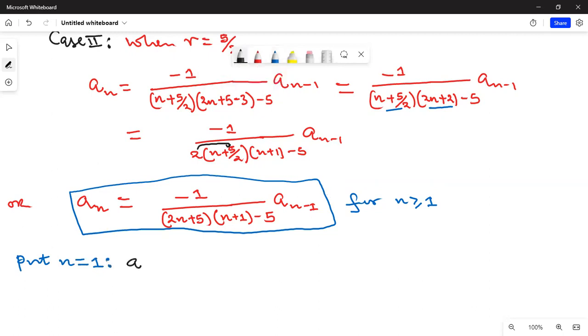We get a1 equals -1 divided by, here we'll have 7 because it is 2 times 1 plus 5, so that gives us 7, times 2 minus 5 a naught, which is the same as 14 minus 5 is 9. So -1 over 9 a naught.